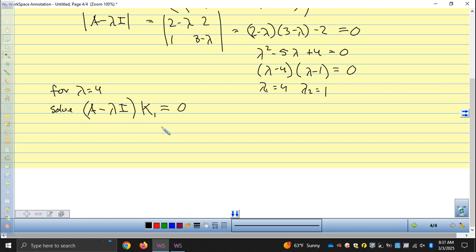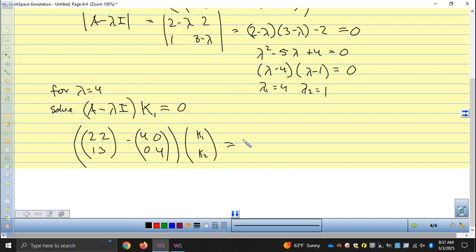We need to find that eigenvector. So I'm going to write this out explicitly. This is the matrix 2, 2, 1, 3 minus the matrix 4, 0, 0, 4. That's lambda times the identity matrix. And we're multiplying that by the column vector k1, k2, and we need that to be 0.